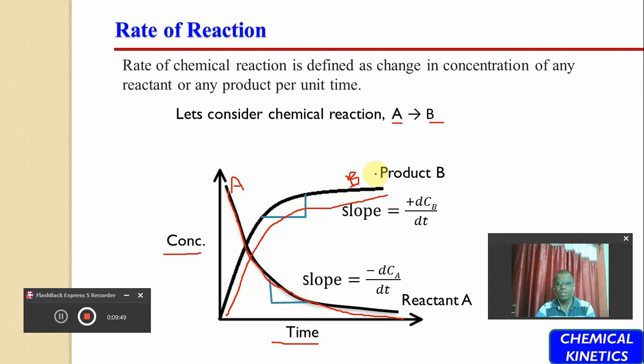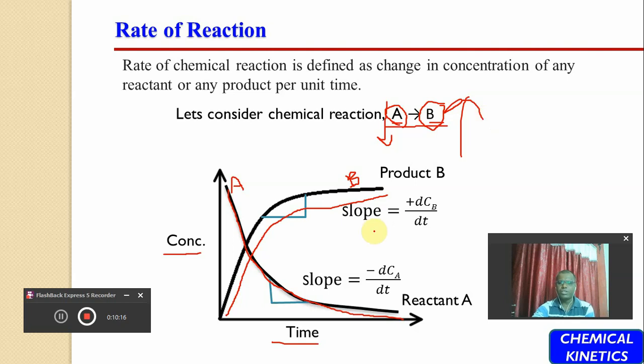This is the normal observation in any chemical reaction. Here also, the concentration of reactant A will decrease and the concentration of product B goes on increasing with increasing time.